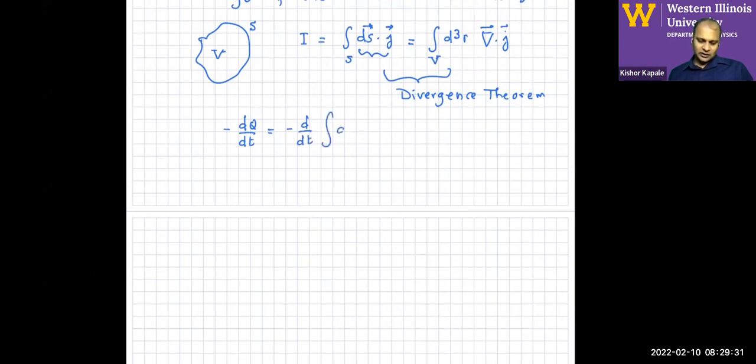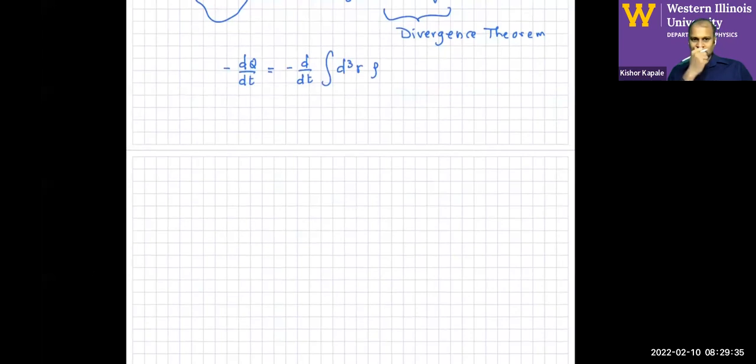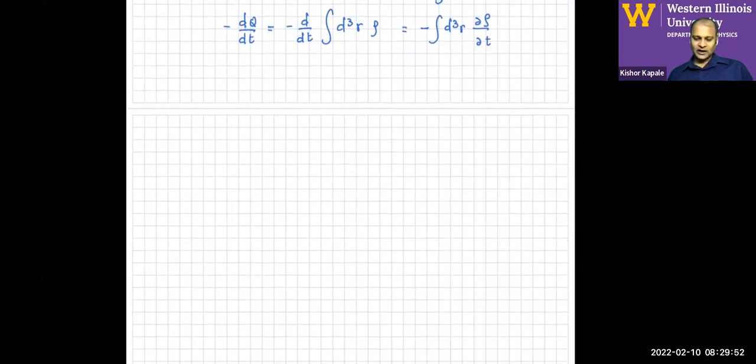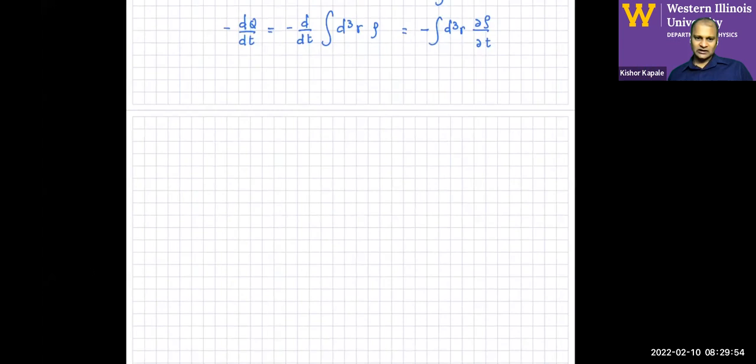And so that is going to be equal to the volume integral of the charge density, time rate of change of that. We can take that time derivative and put it inside the integral. It's okay to do if you are a physicist. Mathematicians would complain about it, but we don't worry about it so much. So it's going to be the partial derivative of rho with respect to t.